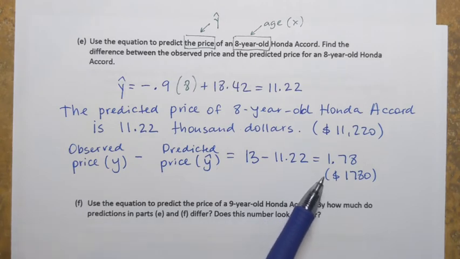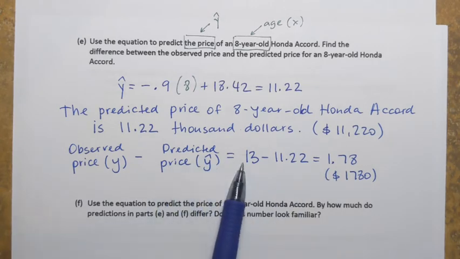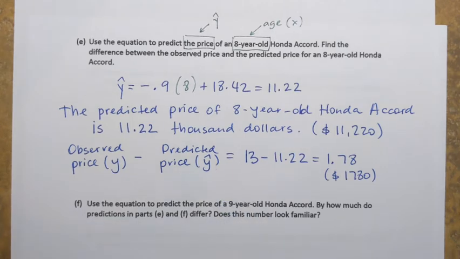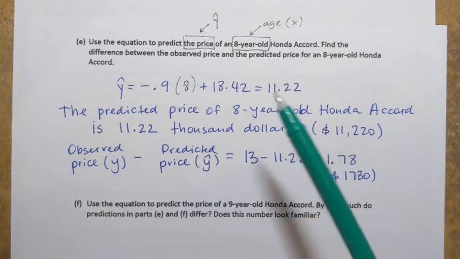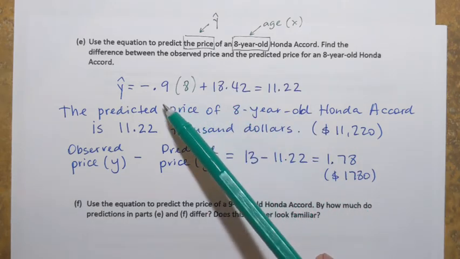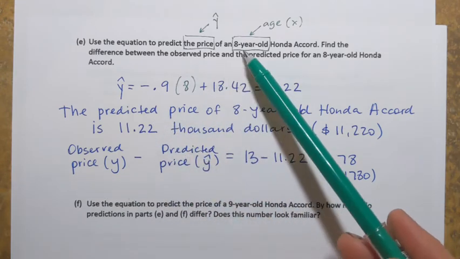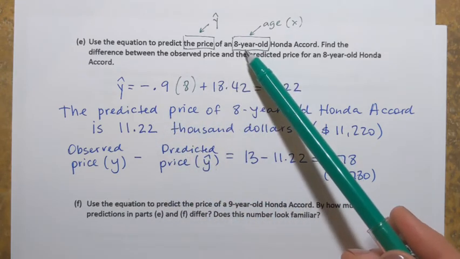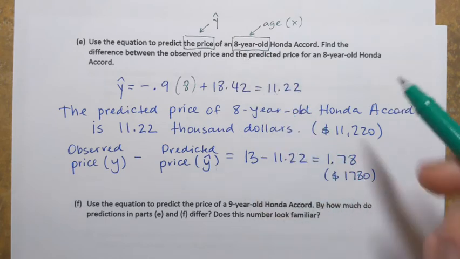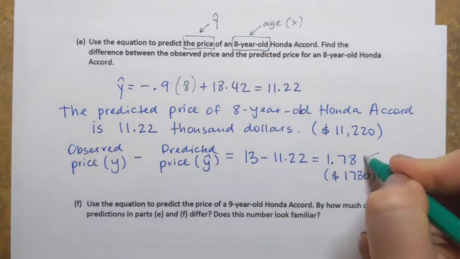But I'd like to point out that what we just found is called a residual. Remember when we talked about residuals, we said that's another word for an error. That's the error we are making when we use the regression equation, or the least squares regression line, to predict the price of an 8-year-old Honda Accord.